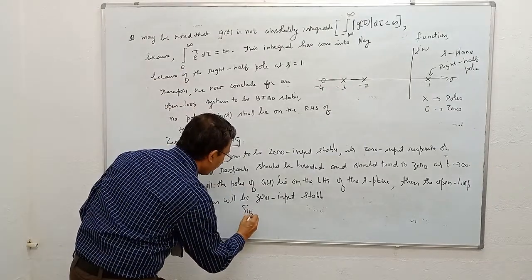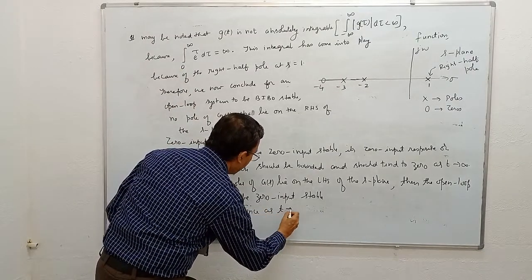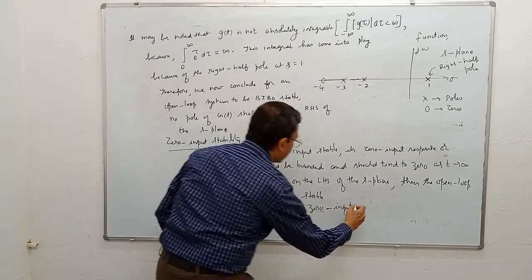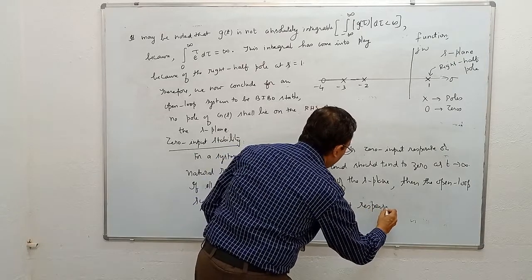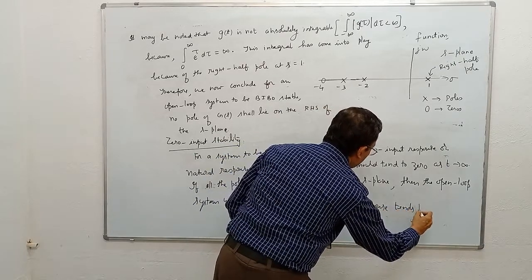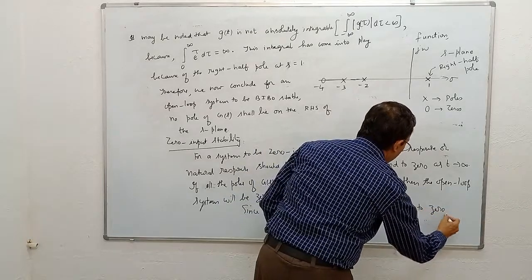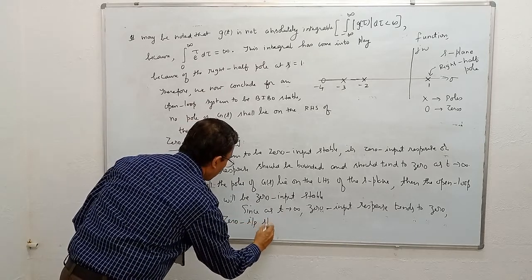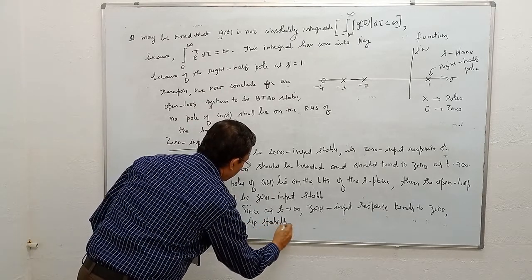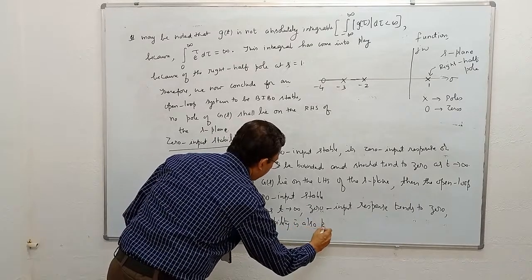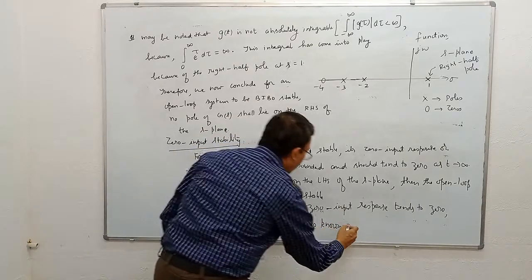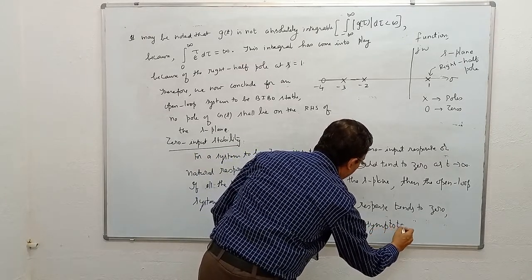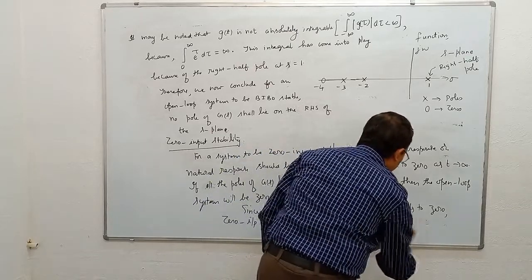Since the zero input response tends to zero, zero input stability is also known as asymptotic stability.